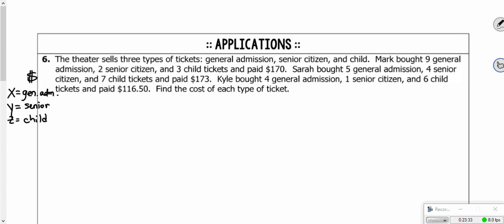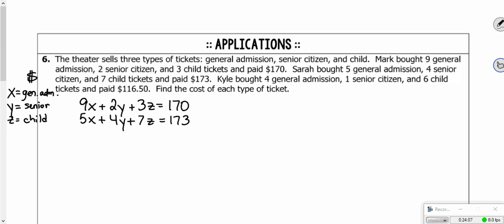So first equation, it's just going to go sentence by sentence. Second sentence, third sentence, fourth sentence gives us our 3 equations. So we have 9 general admission, that's 9x. 2 senior citizens, 2y. 3 child, that's 3z, and it equals 170. 5 general admission from Sarah, 5x plus 4y plus 7z, 173.